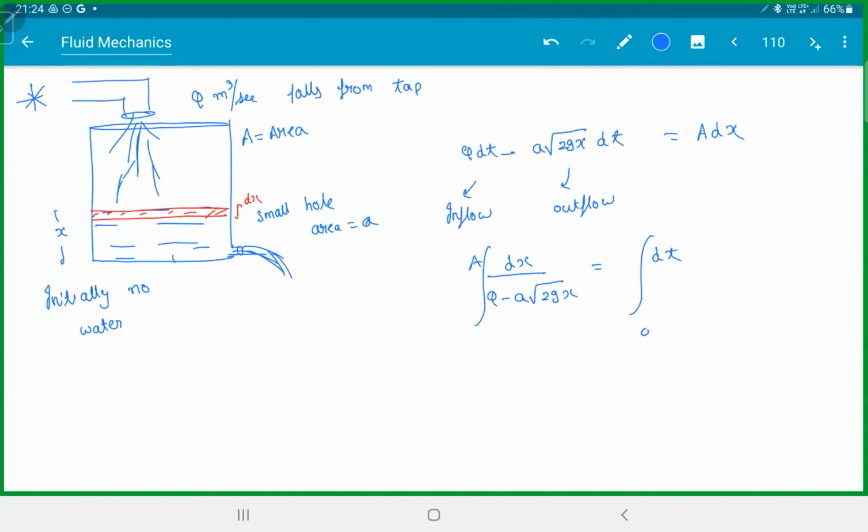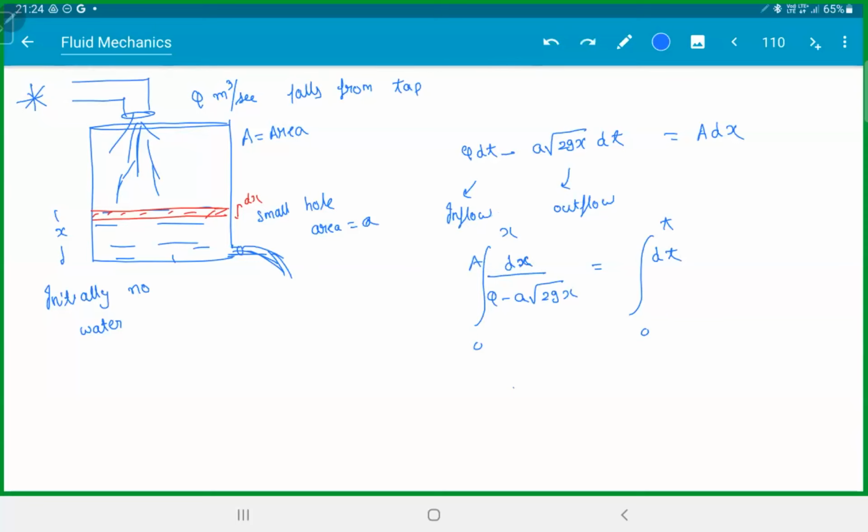Integrate 0 to t, 0 to x. This will be a minus 1 by a. You will have to integrate this. I will leave it there, but I hope you got the point. It is the integration of 1 by root x. You can put q minus a root 2gx is equal to z and integrate it. Clear? Got the steps right? So there, physics part is over.